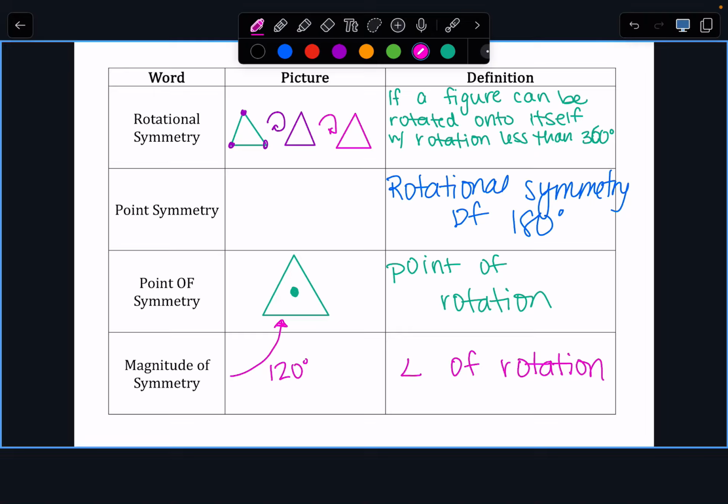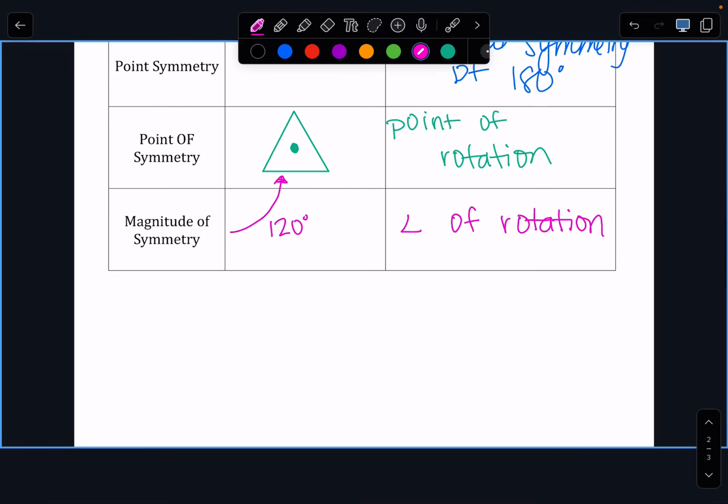How do you suppose we could get that? Yes, but also math. How many times can we turn the equilateral triangle? 3 times. How do you suppose we use that 3 to get the 120? 360 divided by the 3 different turns that we can make.